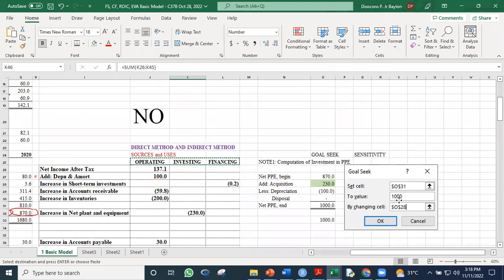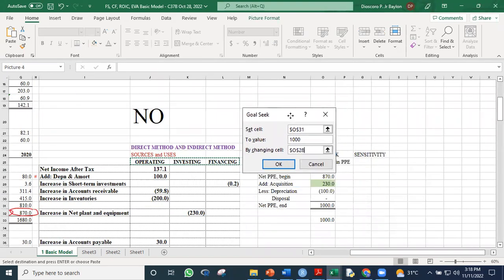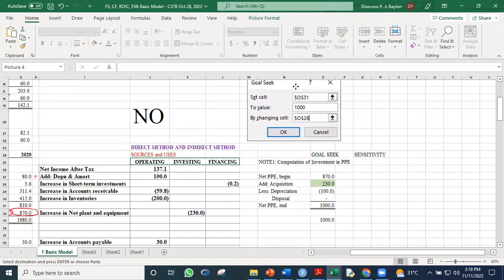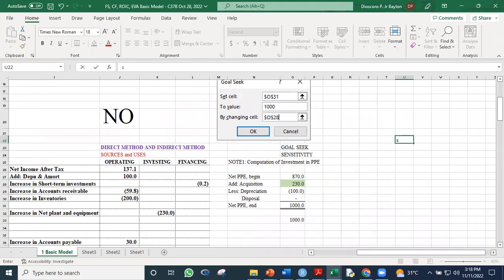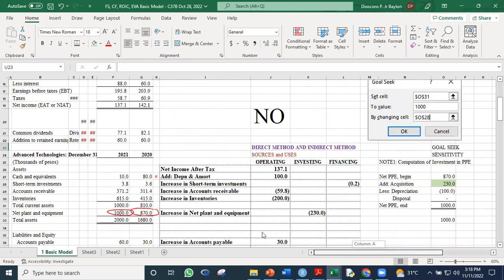Okay. So we're now ready to create or write our, let me put the sensitivity here. So let's now write our statement of cash flows. Let's write it now. Let's formalize it. Statement of cash flows. And what's the company?